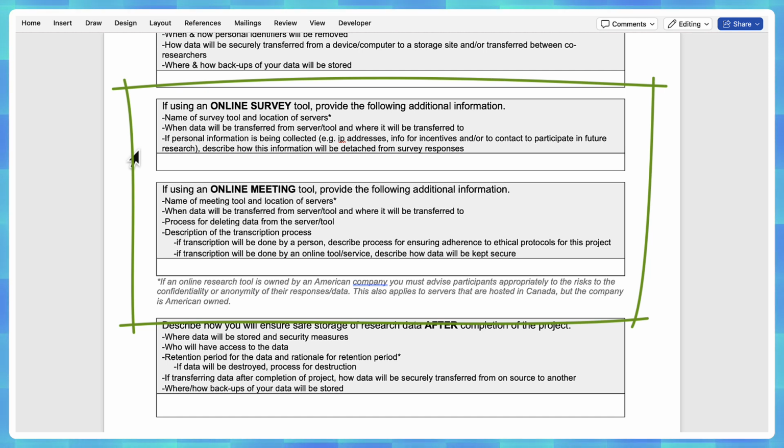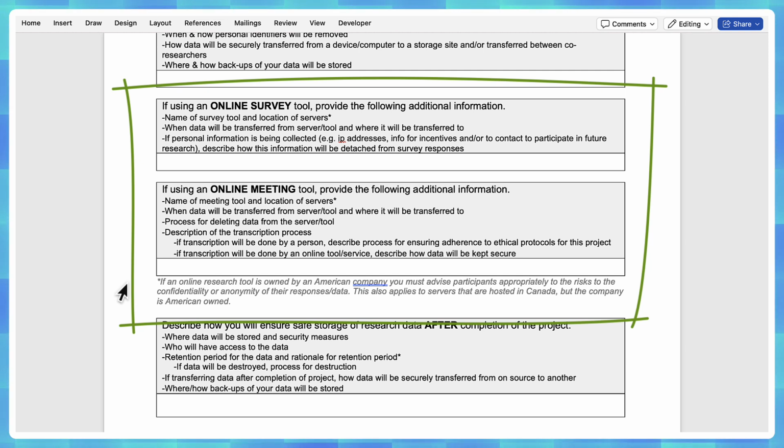So this is where you'll need to be familiar with the tool that you're using, and whether it's an American or Canadian company or elsewhere, and where their servers are located. That has implications, as you can see in this little footnote, the asterisk here. If the servers are located in the U.S., that has implications for the security of that data due to laws, particularly the U.S. Patriot Act.